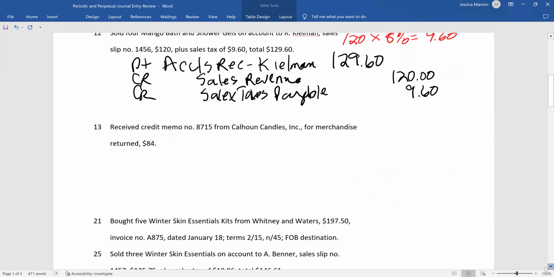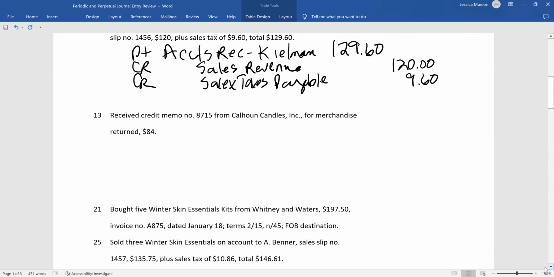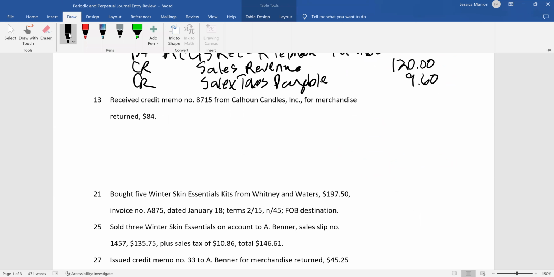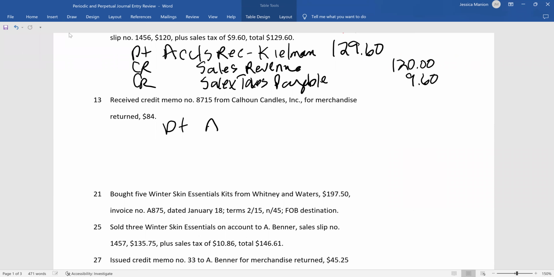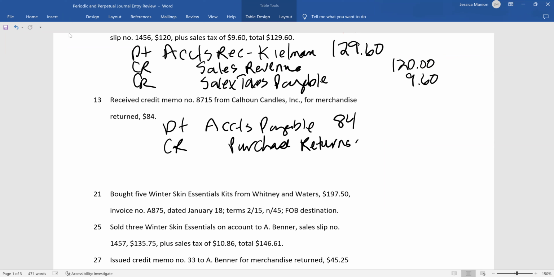Now we're returning some of them, so we need to do the opposite. We need to debit accounts payable for 84. Credit purchase returns and allowances, 84, is what that one would look like.